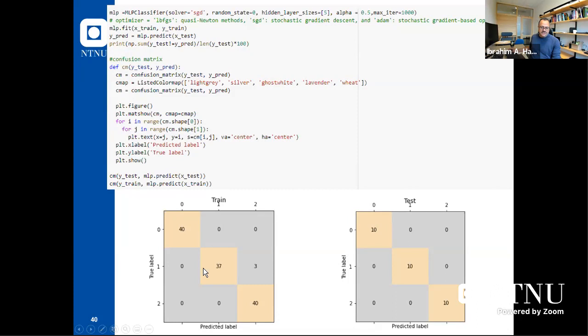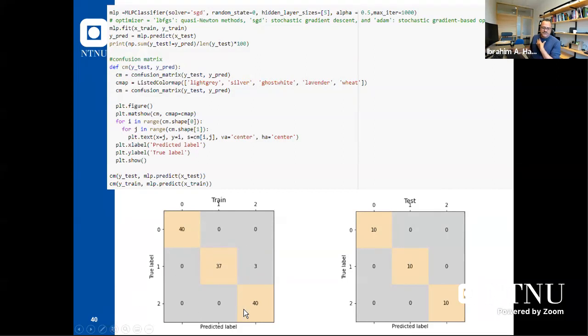We have 40 in each class in fact, because it's 20%. For class number 1, we have 40. 37 were classified as 1, and 3 were classified as 2. So we have some confusion here in three examples. I have 3 examples from class 1 classified as 2. This number here, do you see this number?